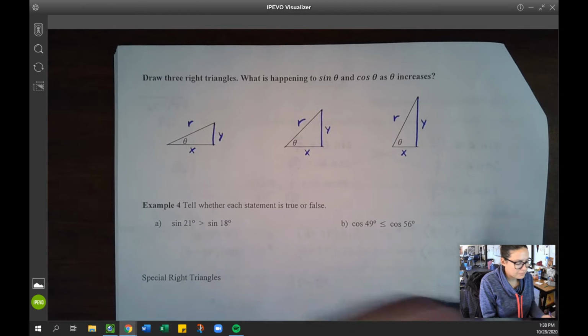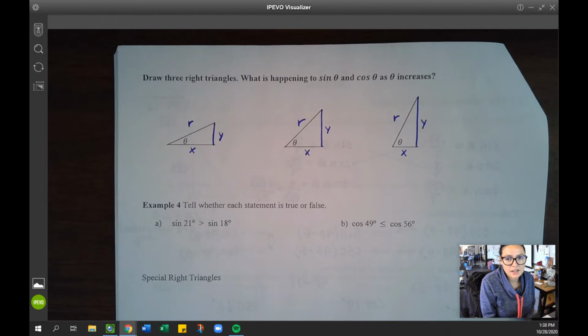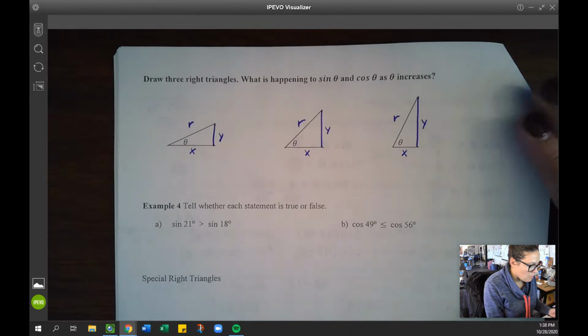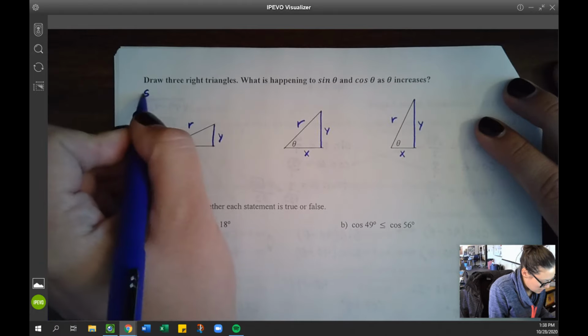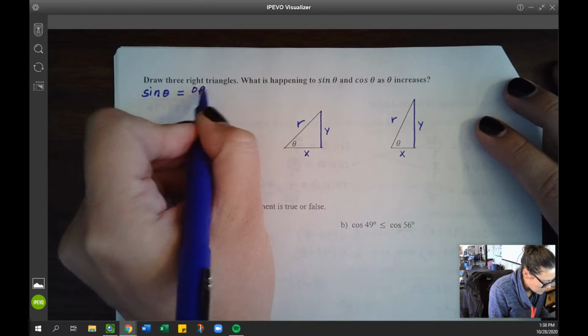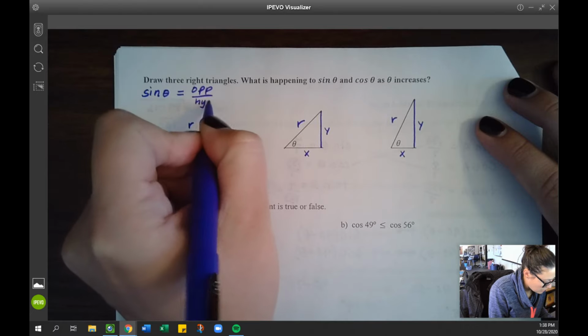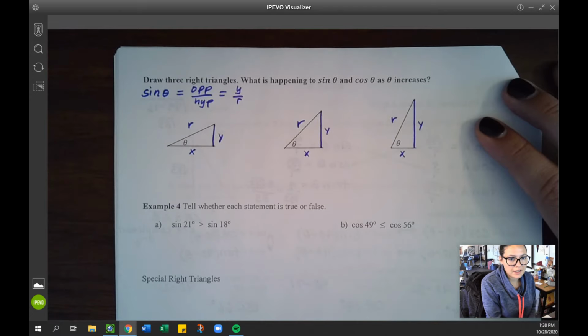So what is happening to our sine values as theta increases, and what is happening to our cosine values as theta increases? So one thing to remember is that sine is opposite over hypotenuse, or y over r in this case.